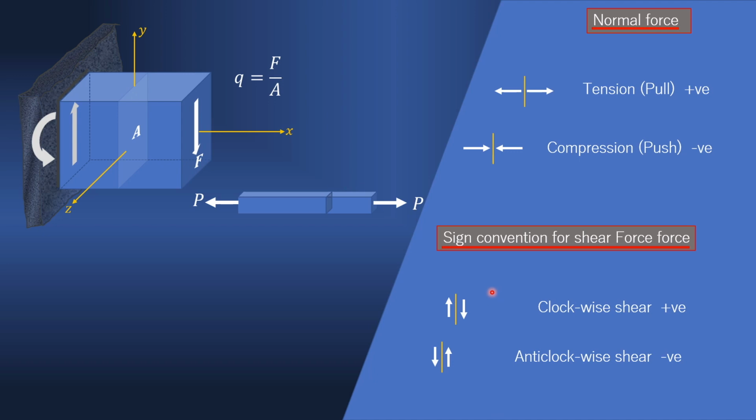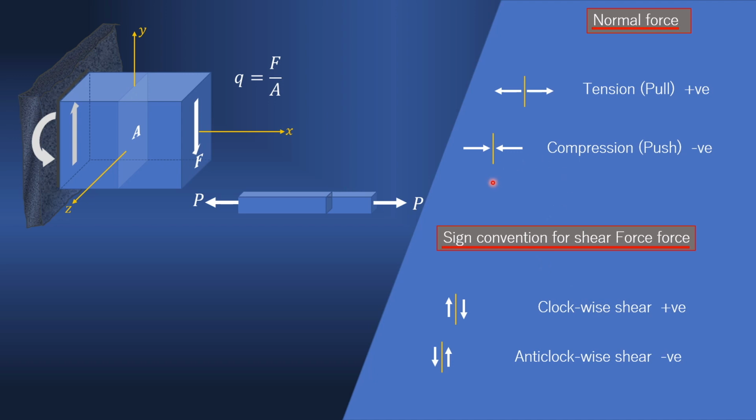Anti-clockwise moments positive and clockwise moments negative. But here it is exactly opposite. This is the universally accepted sign convention for shear force: clockwise shear positive and anti-clockwise shear negative.